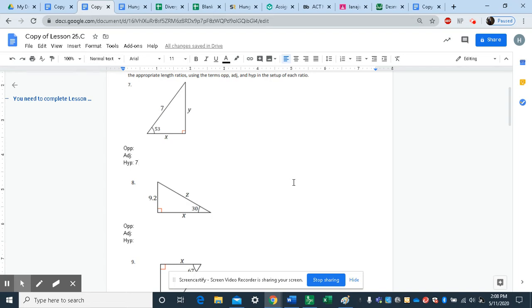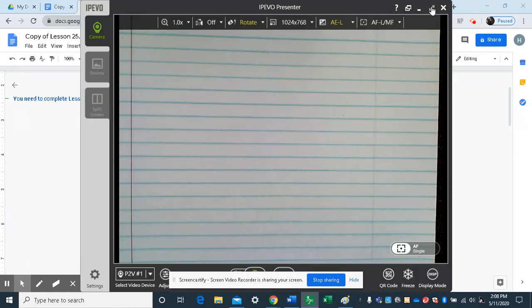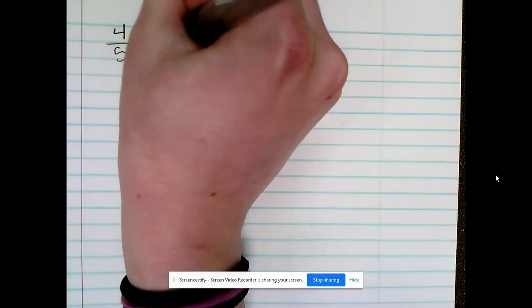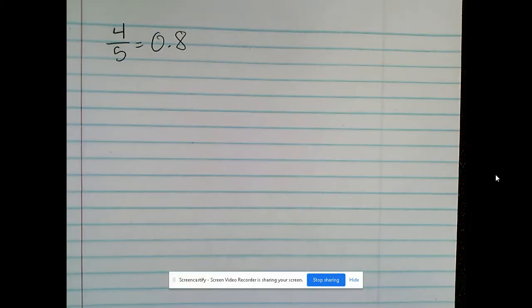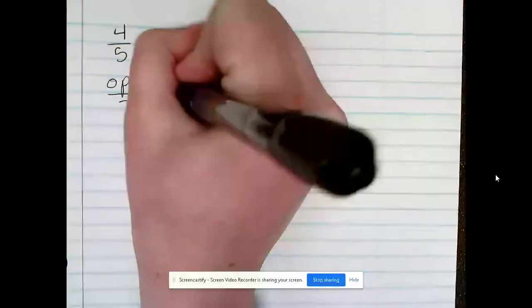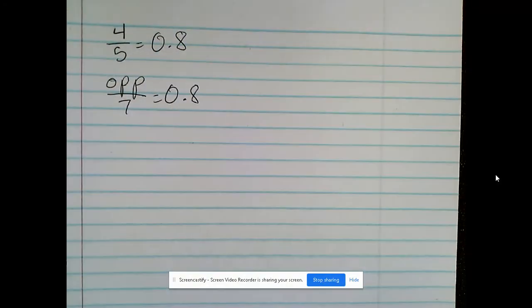So in triangle DEF, we know that our opposite over hypotenuse, I'm switching to the dot cam, was 4 over 5, which equals 0.8. So that means that in our new triangle, it's going to be opposite over 7 equals 0.8.